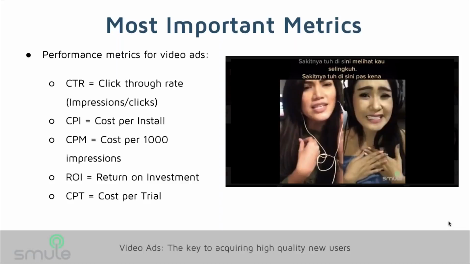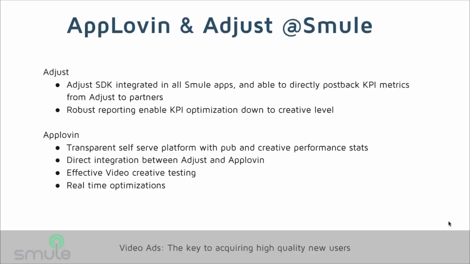And because we're able to track on such a granular level with Applovin and Adjust, we are able to see return on investment, which is ROI, and cost per trial, which is on all of our iOS apps, where you can try out the app for 7 days before you would have to subscribe, which is the subscription model that we're on.